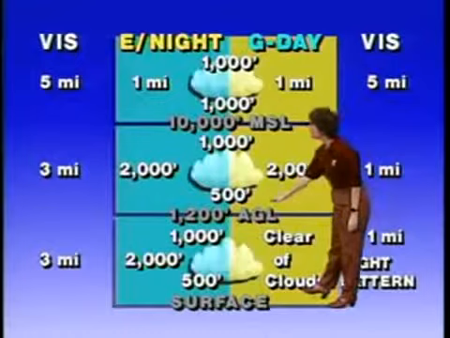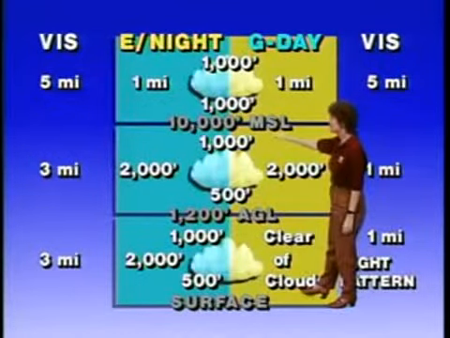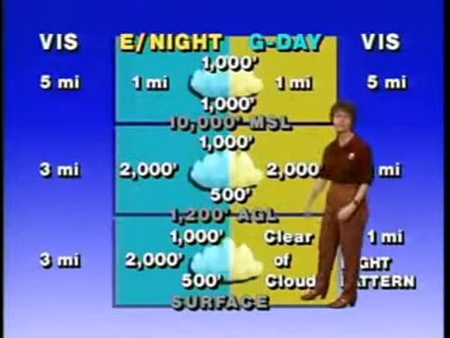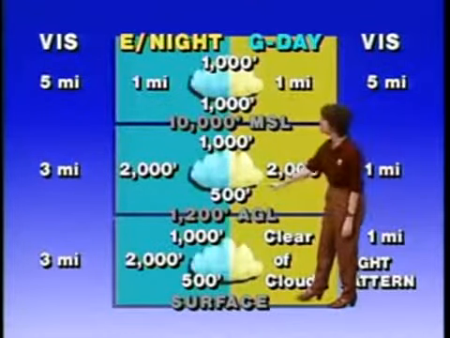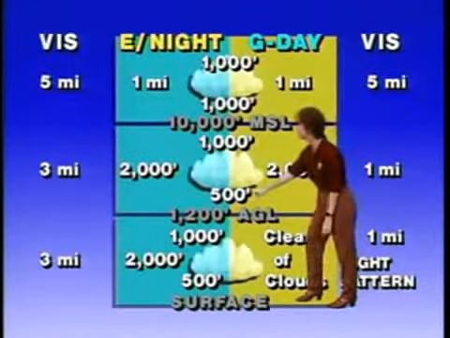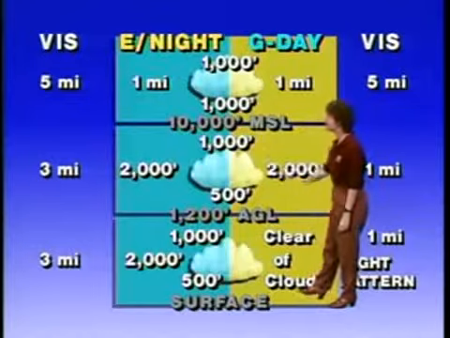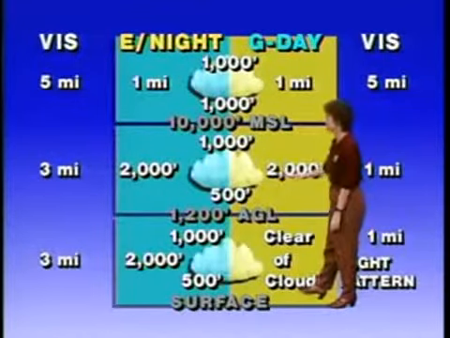If you're operating above 1,200 feet AGL up to 10,000 feet MSL in Class G airspace in the daytime, you need the same cloud clearance that you would in controlled airspace: 500 feet below the clouds, 1,000 feet above the clouds, and 2,000 feet horizontally from the clouds.